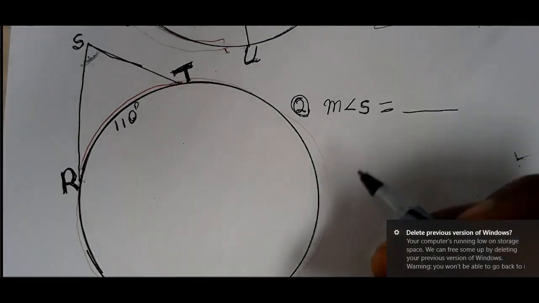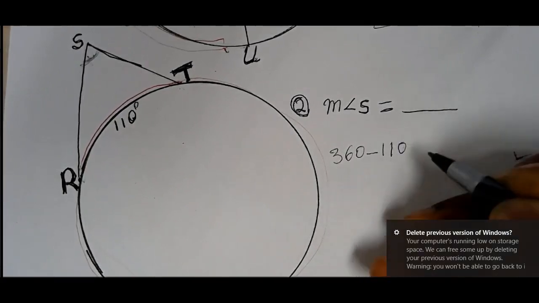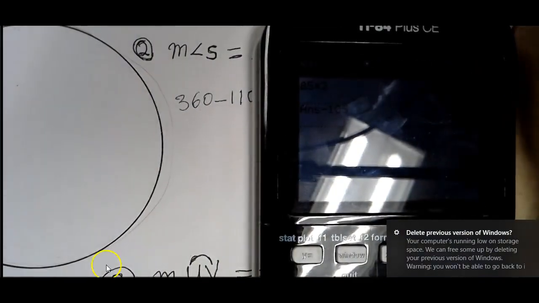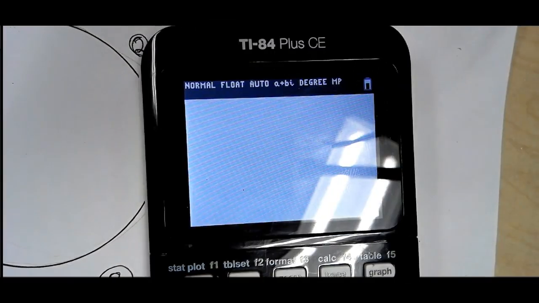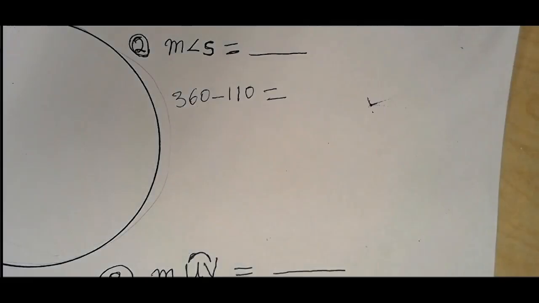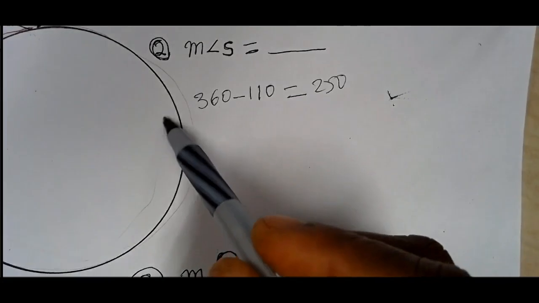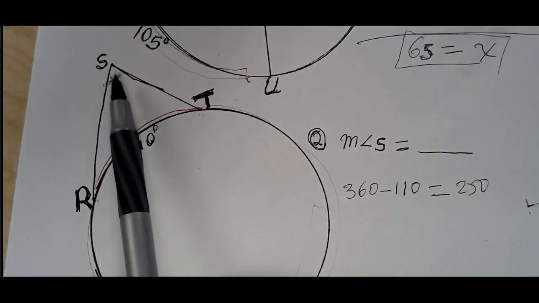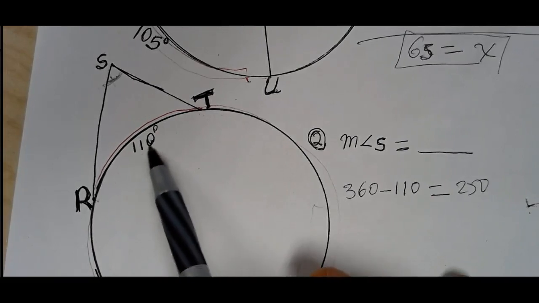360 minus 110 is 250. So this arc is 250, and because this angle is outside, we are going to subtract the arcs: bigger arc minus smaller arc.